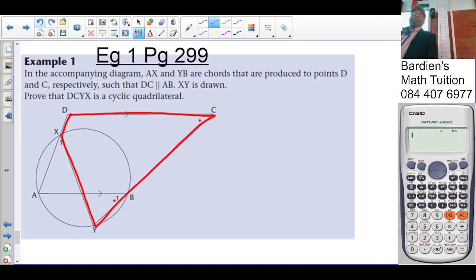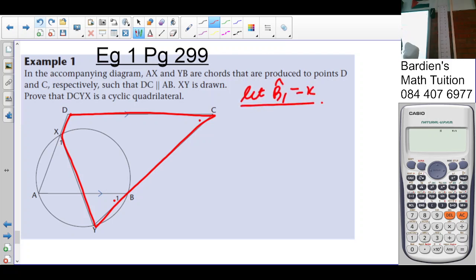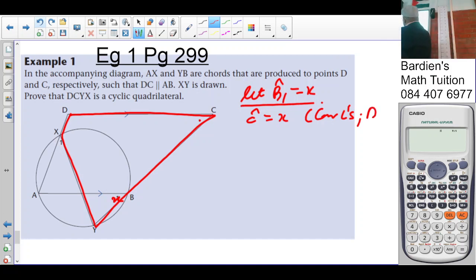When we did the other proof yesterday, you can introduce an x, which is going to make life a bit easier for us. So let's use x on B1. Let B1 equal x. If angle B1 is equal to x, which other angle is equal to x? Angle C is equal to x. Why? Corresponding angles with DC being parallel to AB.